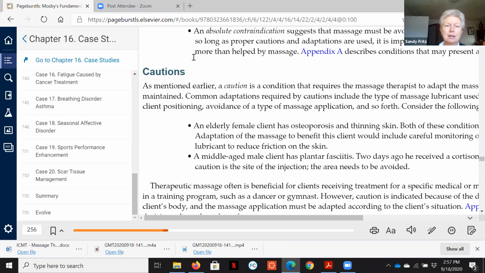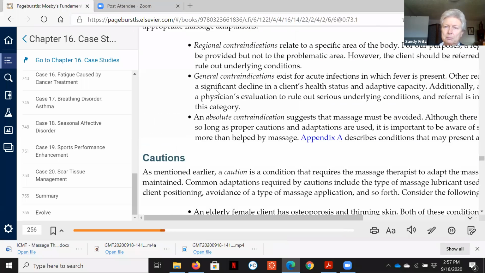So this then also becomes very convenient, but a great way to, again, study just by going through the index. So, all right, tons of stuff here for you to use as you prepare for your career in massage therapy.